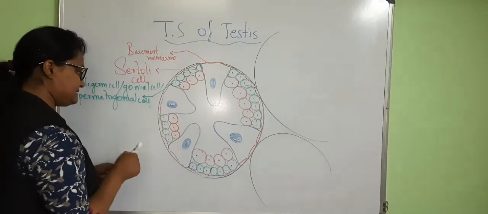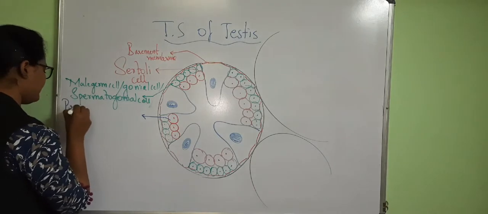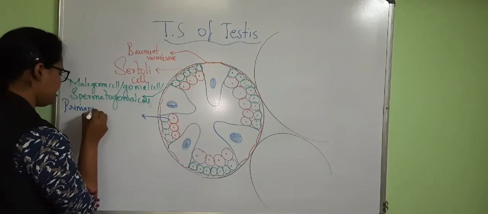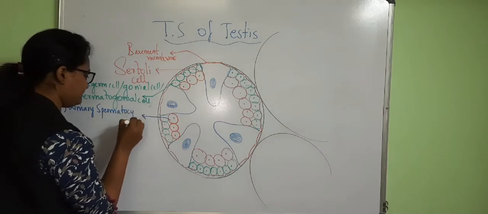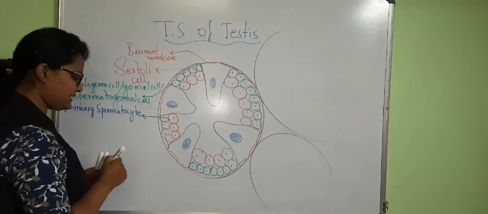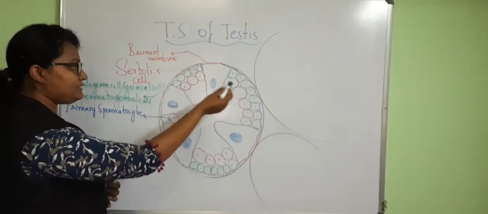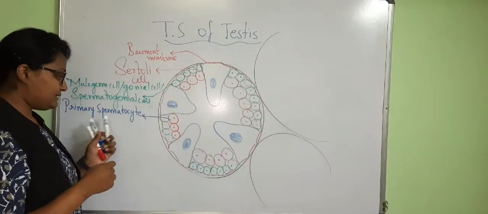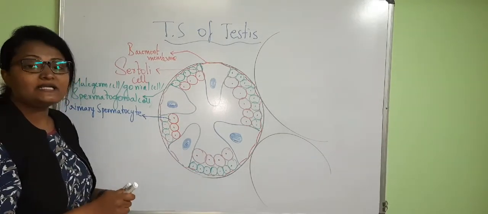These cells now are called primary spermatocyte, which is bigger than the spermatogonial cell. Next, the primary spermatocyte undergoes first meiotic division.